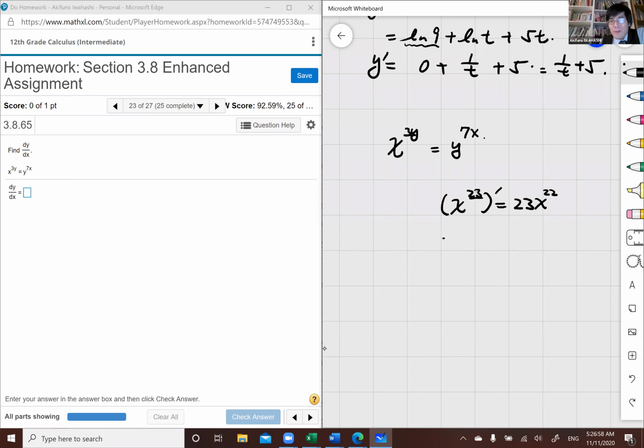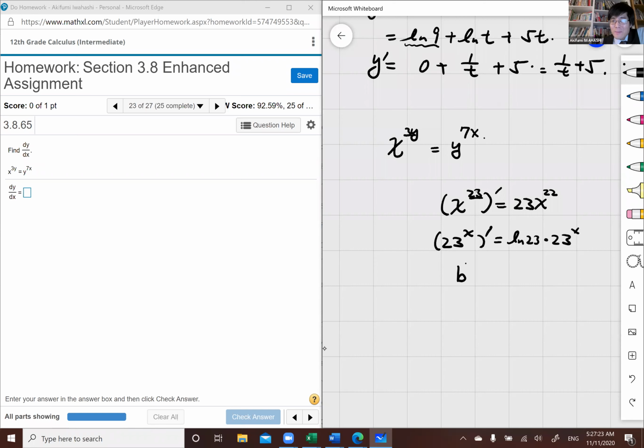When you have a number on the bottom and x on the top, that's the exponential function, and there is a way to differentiate this one too. It's the derivative of the exponential function. You have the same thing, 23 to the power of x, but you have to multiply it by ln of 23. That's the formula.